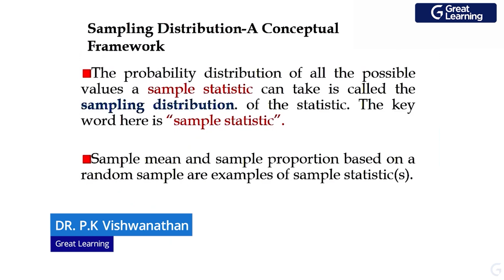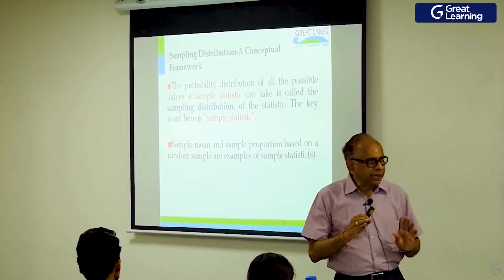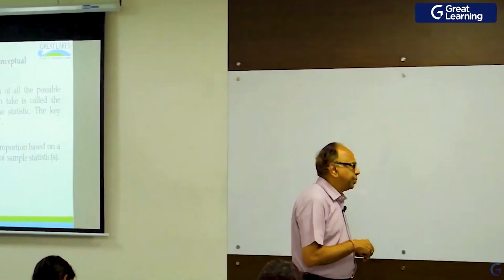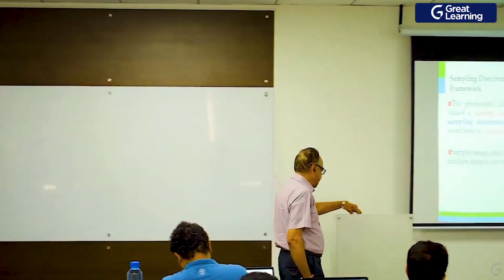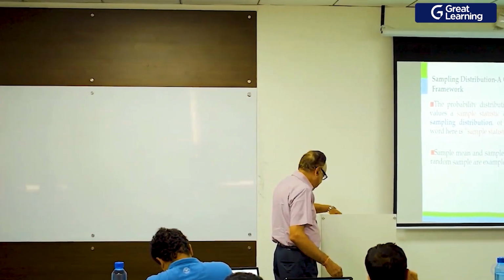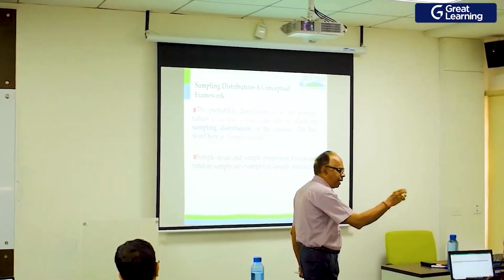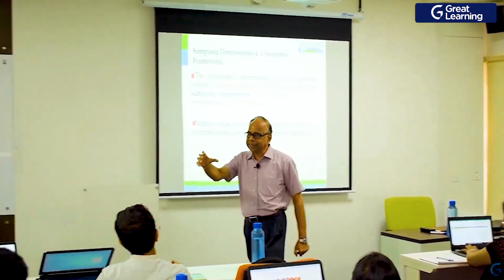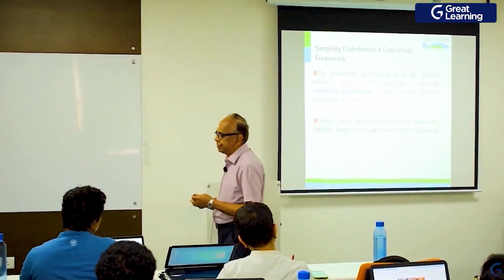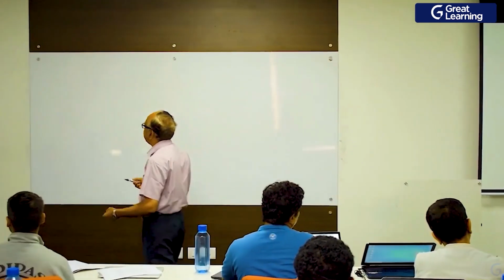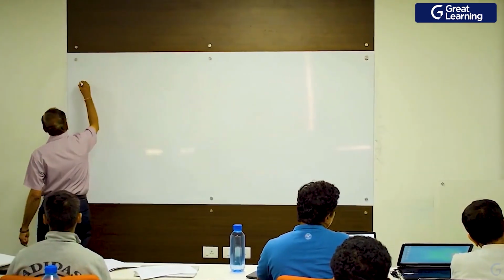What is a sampling distribution? Very important. Let me explain this with an example. Suppose in the class, let us say this class is the population. I write here approximately n is equal to 60.